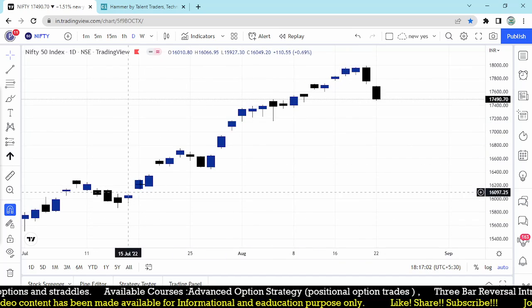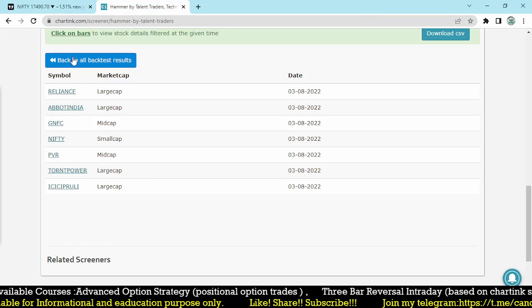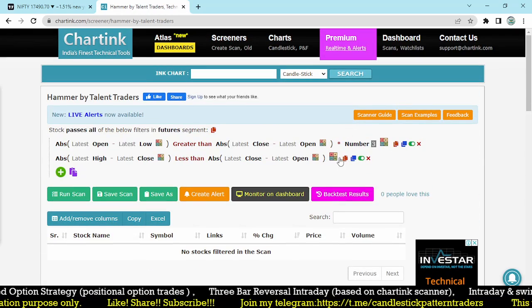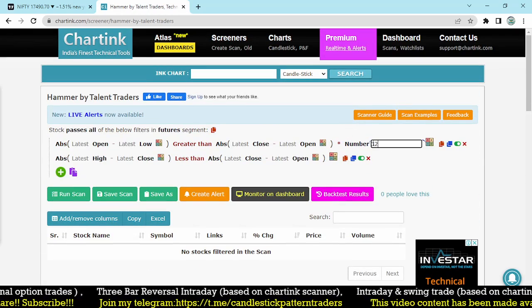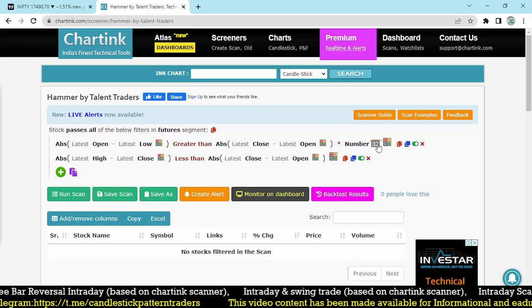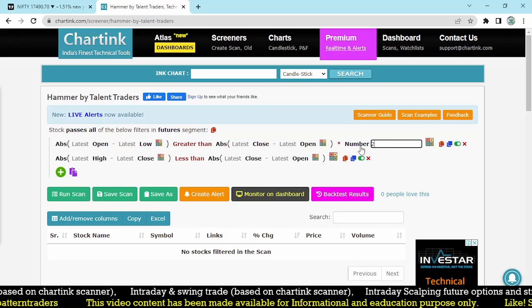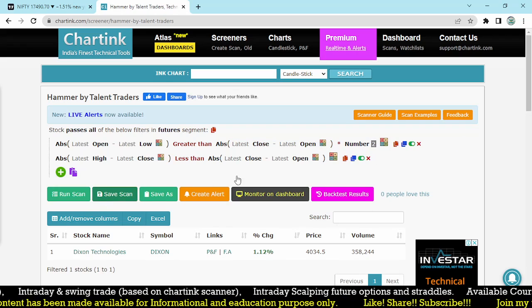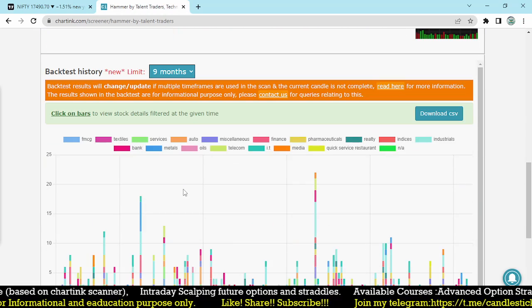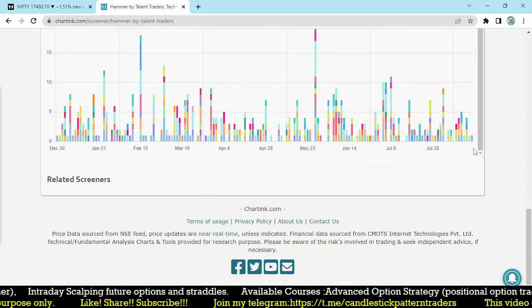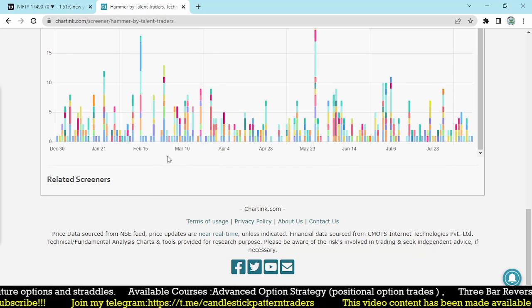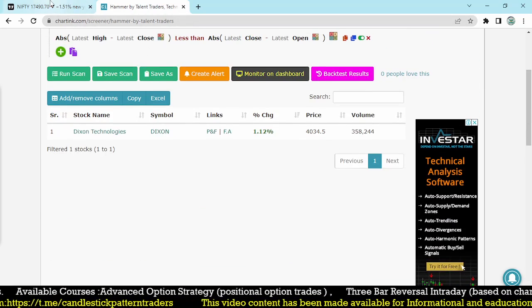But it is an uptrend, so I'm going to find a hammer at the bottom. Let me check whether there is any hammer candle present. I'm going to use 2 multiplied, so the wick is greater than 2 times. Dixon and lots of stocks show up. From these, a stock present at the bottom may be a good opportunity.